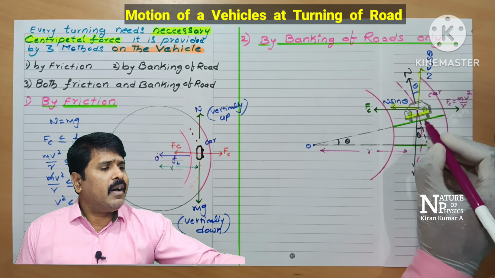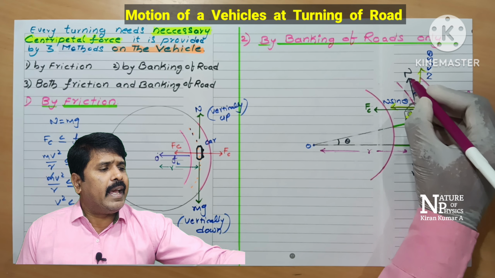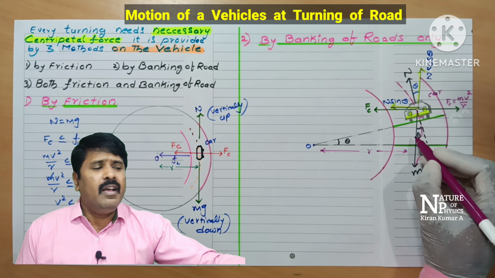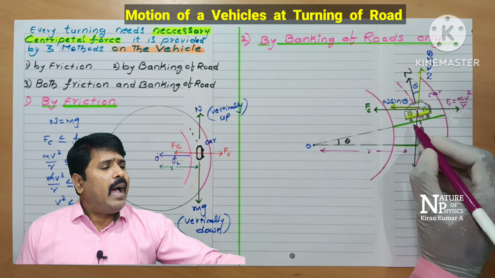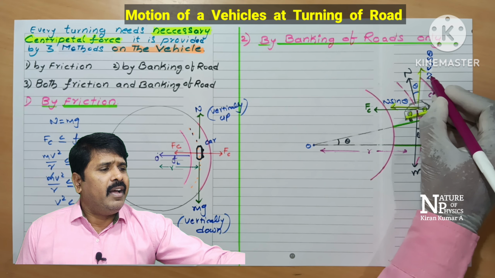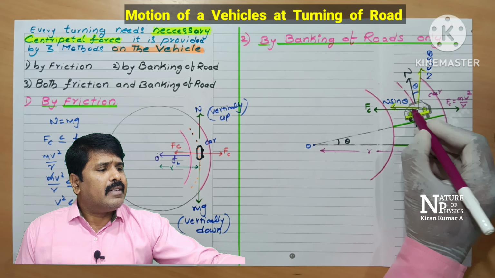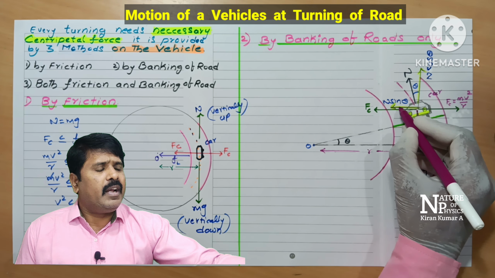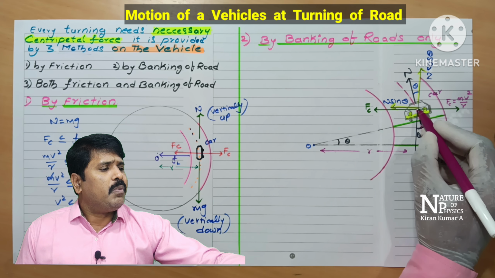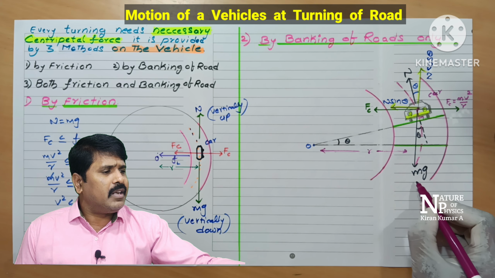On the car, the normal reaction is perpendicular to the surface, exactly perpendicular to the surface. The normal reaction is resolved into two components: N cos theta and N sin theta, mutually perpendicular. Also the weight of the body, mg, is acting downward.